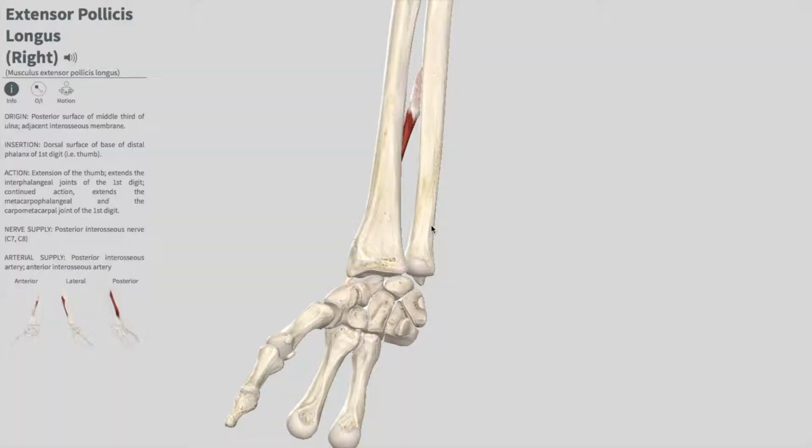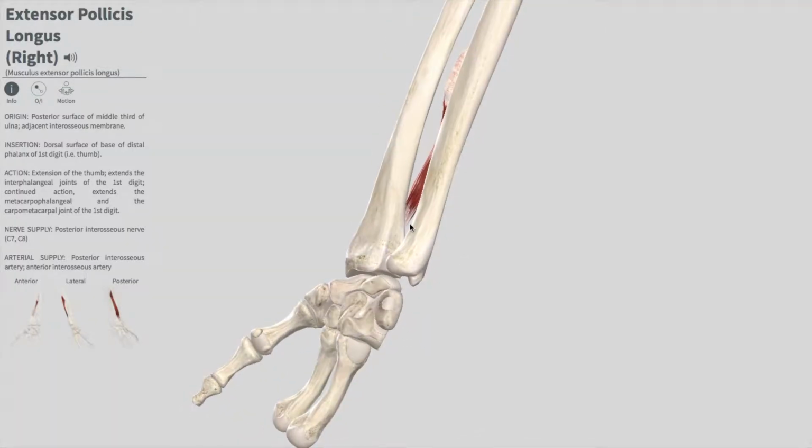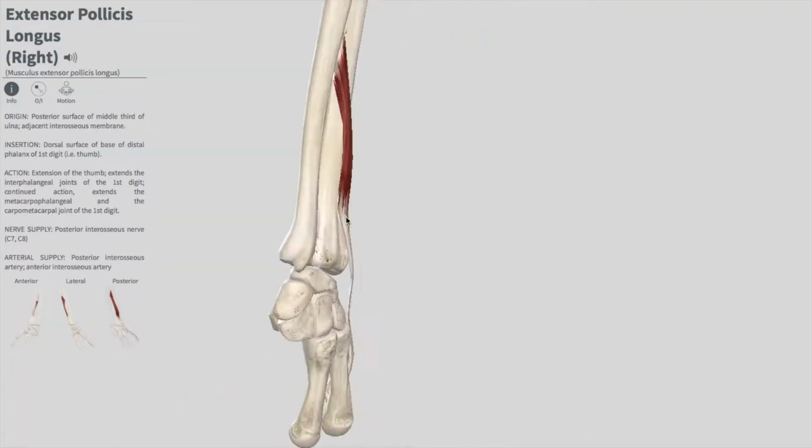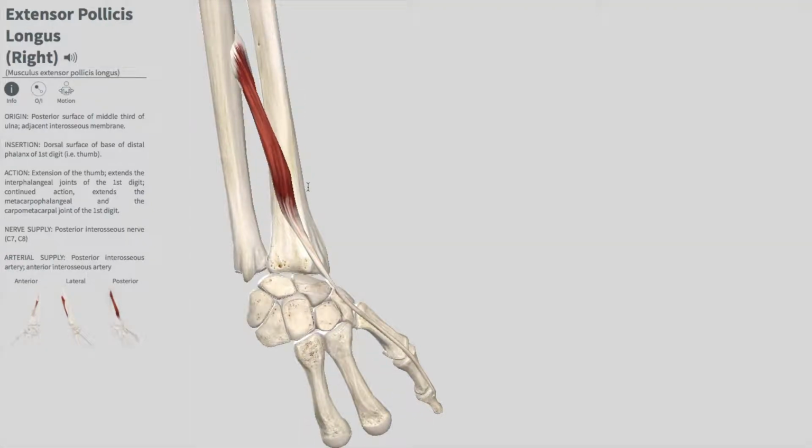Extensor pollicis longus is going to sit also on the posterior surface of the ulna. Remember, the extensor pollicis brevis sat here on the radius. This one sits on the ulna, and also at the membrana interossea. And it's going to insert at the distal phalanx of the pollicis here. And this muscle is going to extend the pollicis backwards.